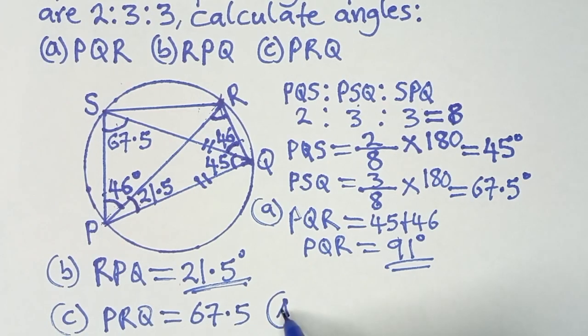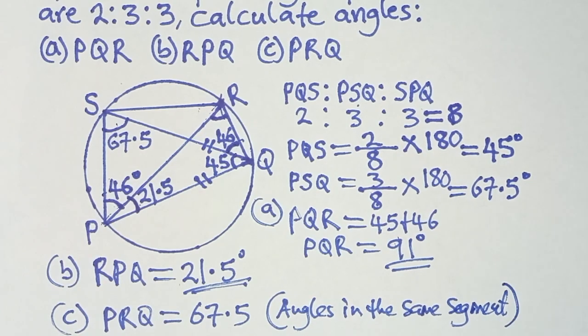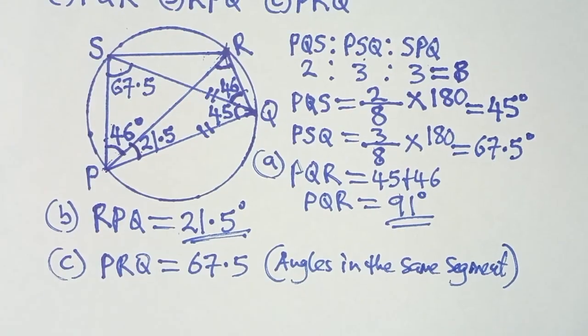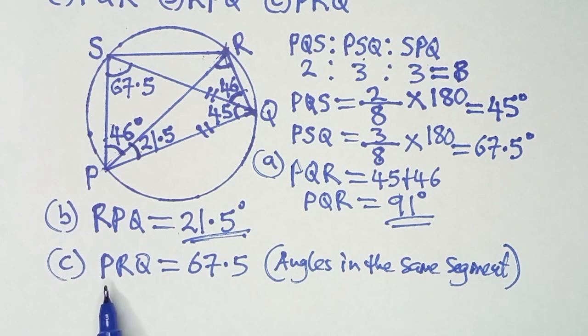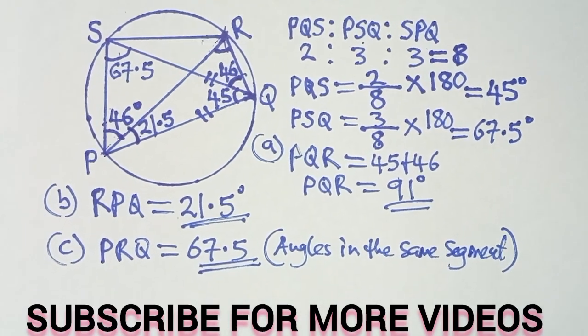And what is the reason? Angles in the same segment. That's the real rule that applies there. So angles in the same segments are equal. Don't forget that. So that is why PRQ is equal to 67.5 as our final answer.